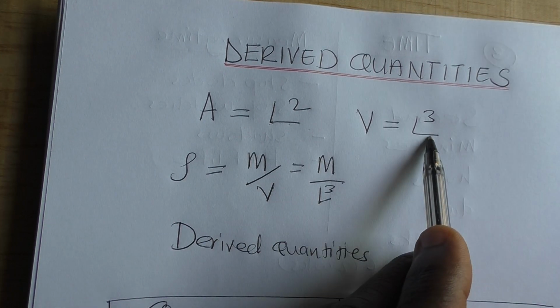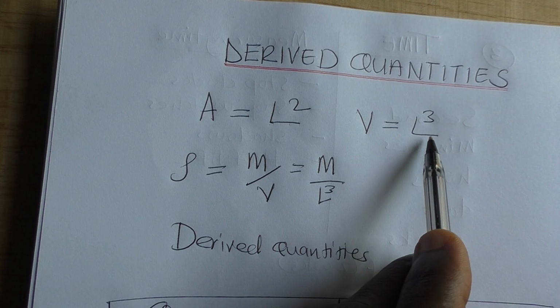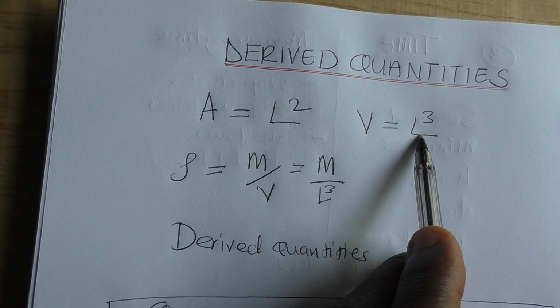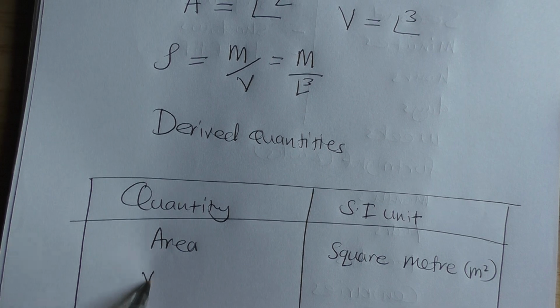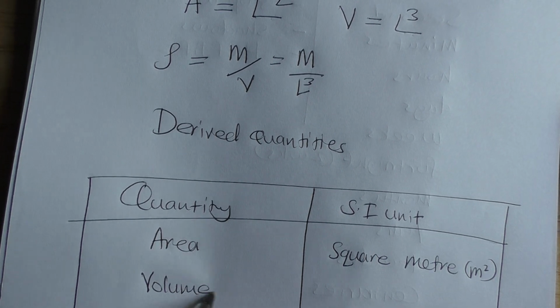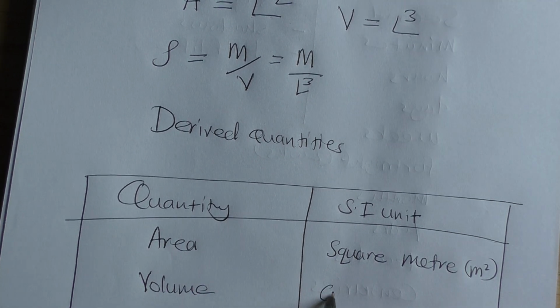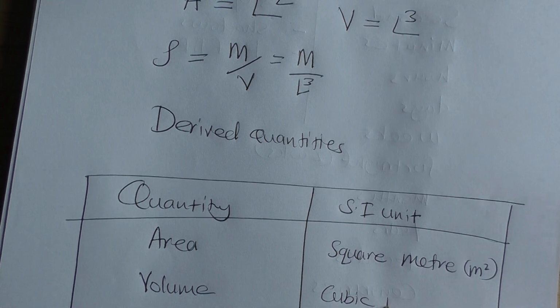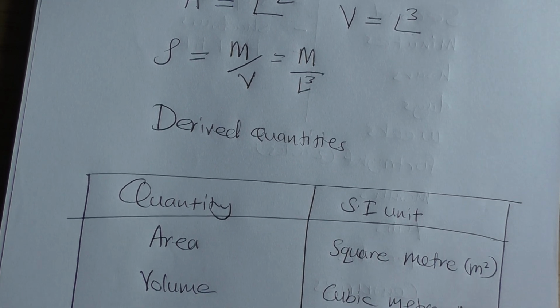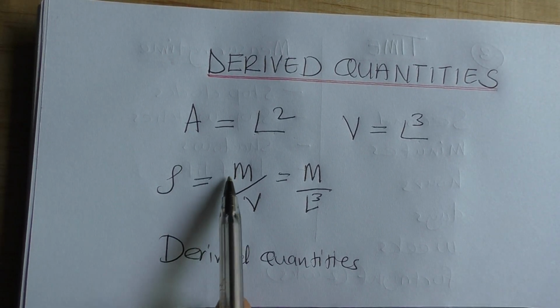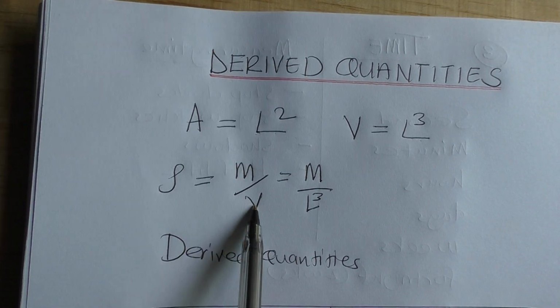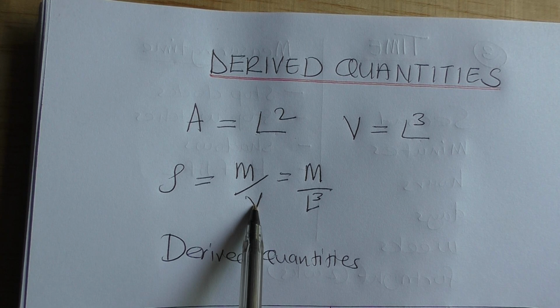The same applies to volume. Volume is length cubed, meaning its SI unit will be meter cubed. So volume equals cubic meter. For density, we've seen that density is mass over volume.